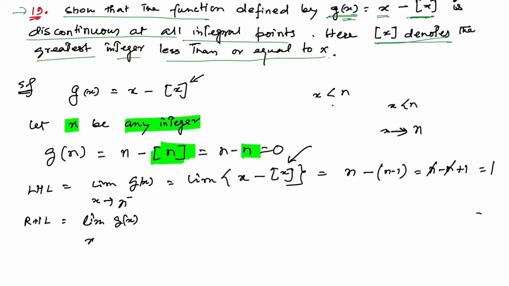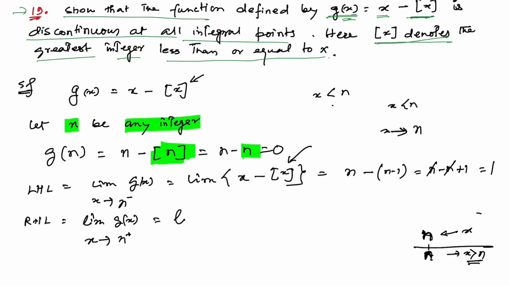Now let us find the right hand limit. The limit of g of x as x tends to n positive, that means x approaches n from the right hand side. If this is n, then x is slightly greater than n.